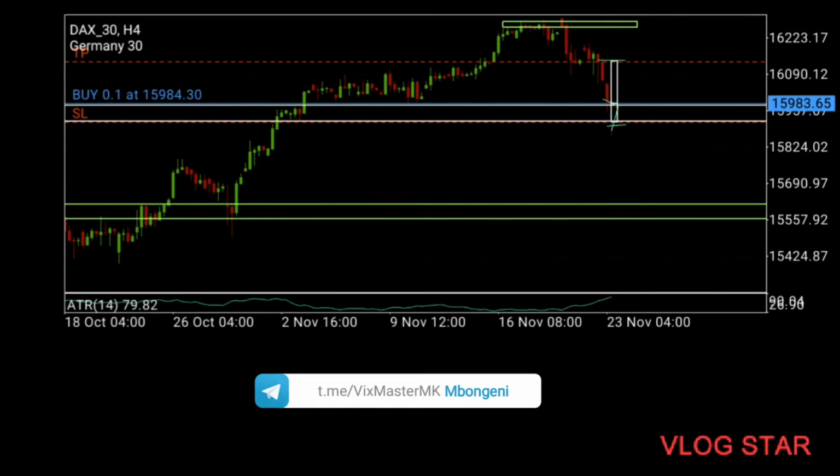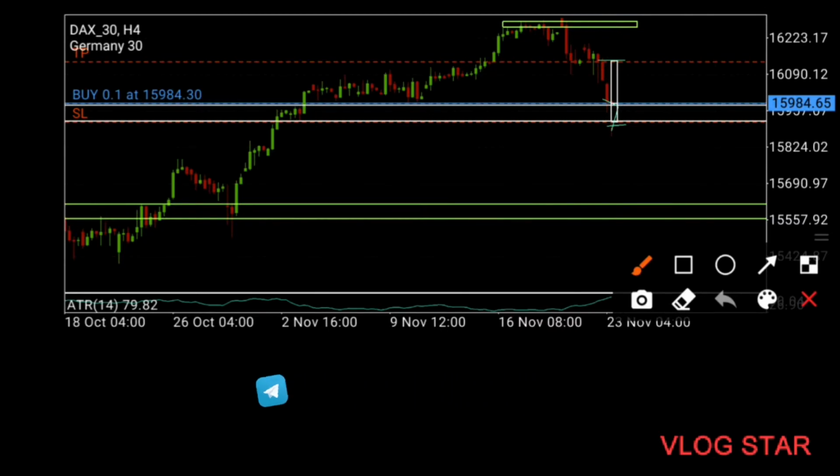When you put your lines like here, you can see that my lines start from the body, not from the wick. So if I were to go to a lower time frame, this line here will not be on the body.